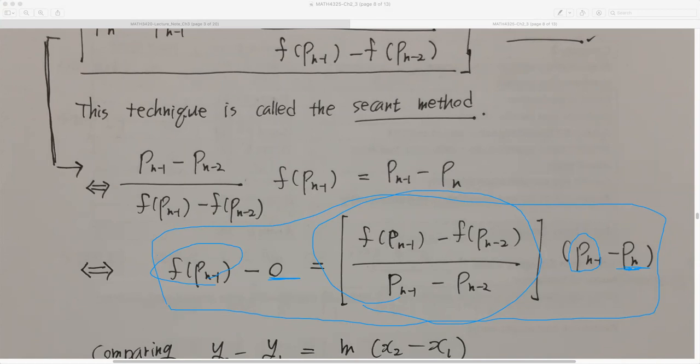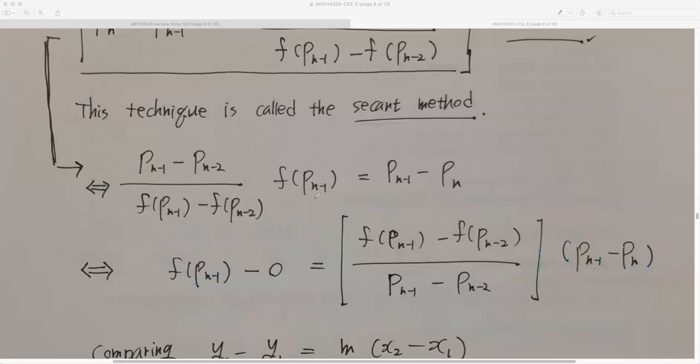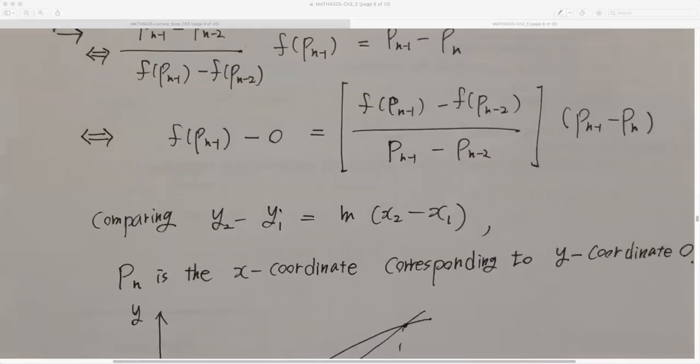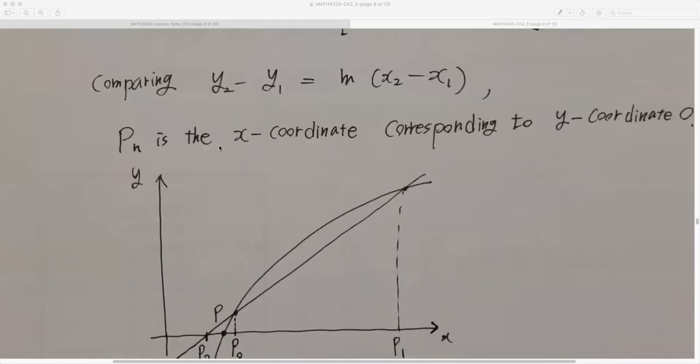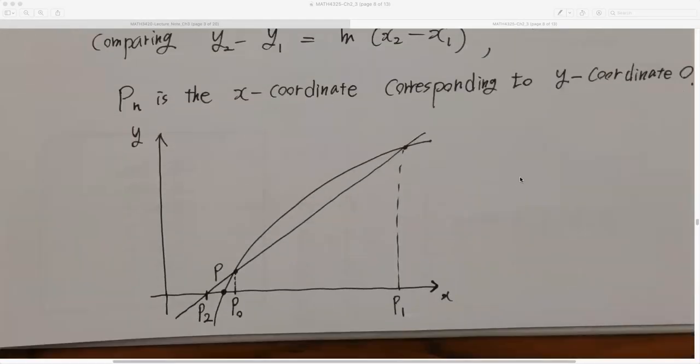Okay, so p n is the x coordinate corresponding to the y coordinate 0.